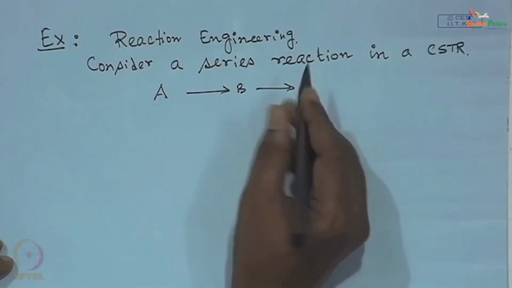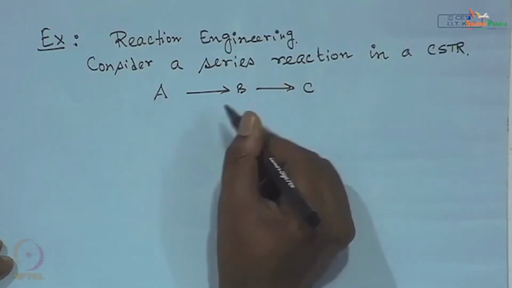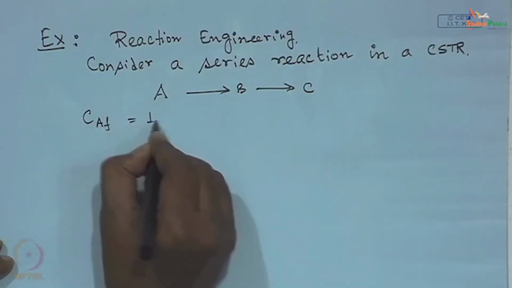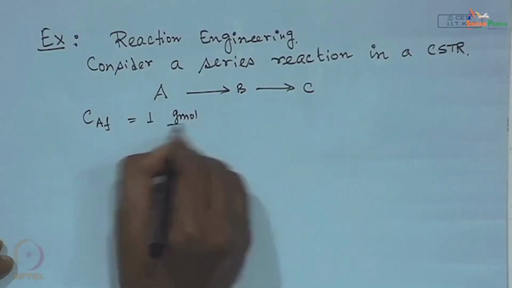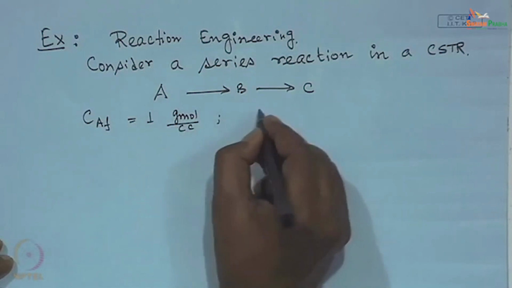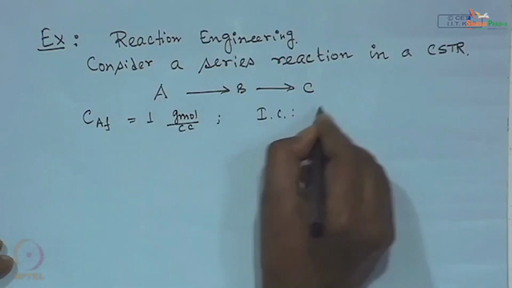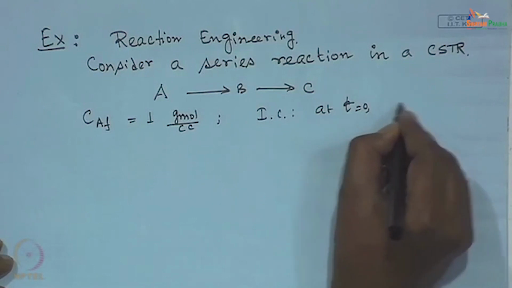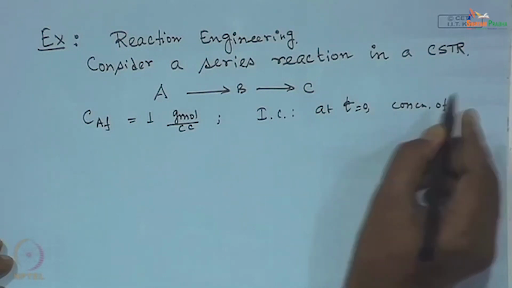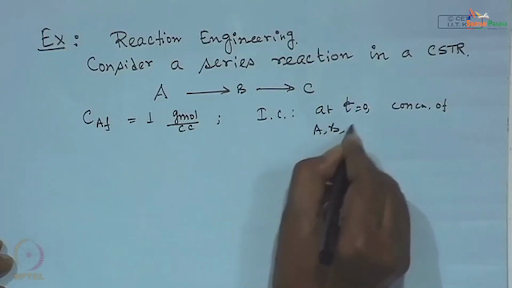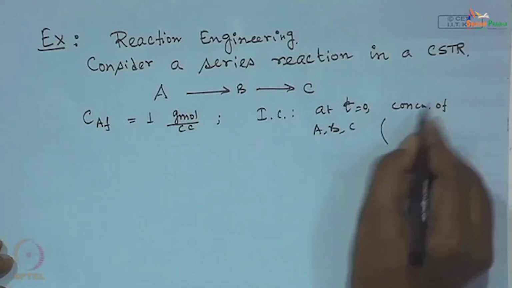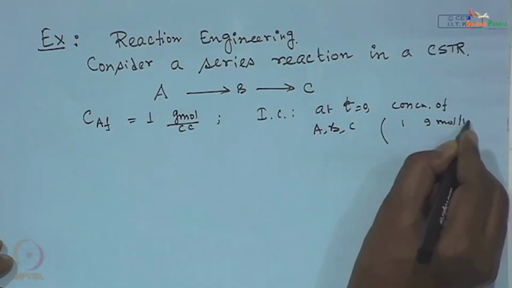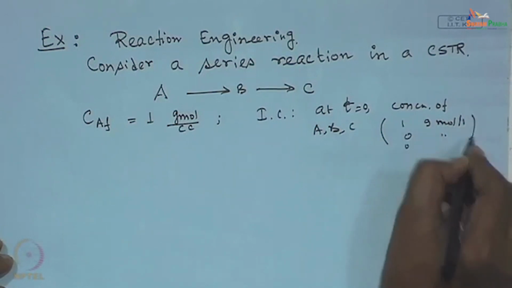and they are elementary reactions, let us say, and the rate expressions are given as first order rate expressions. The feed concentration CAF was given as 1 gram mole per cc, and the initial conditions where at time t is equal to 0, the concentrations of A, B, C were given by this vector 1 gram mole per liter, 0 gram mole per liter and 0 gram mole per liter.